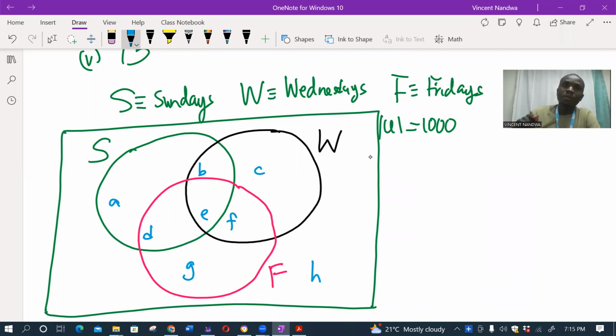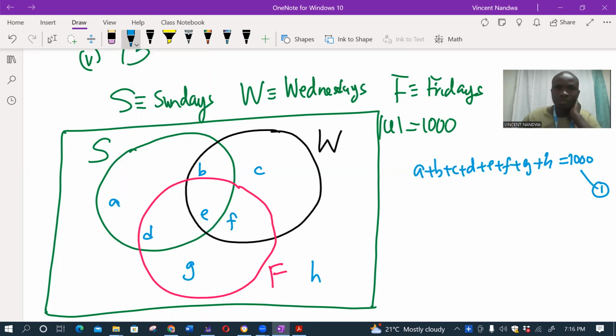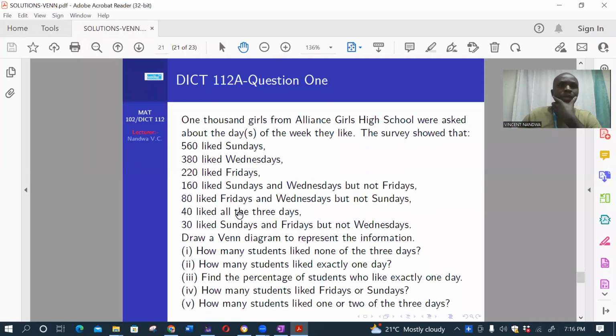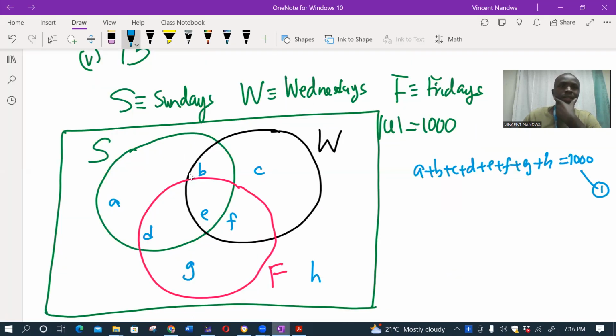Now, it's very clear that A plus B plus C plus D plus E plus F plus G plus H is 1,000. Call it question 1. Now, 560 liked Sundays, meaning that if we add everything within the green circle, we should get 560. So A plus B plus D plus E is 560.